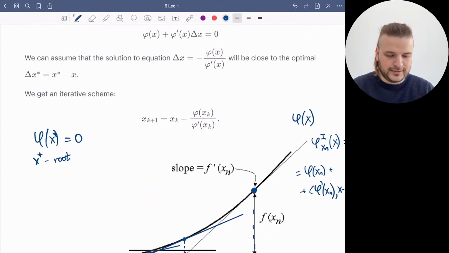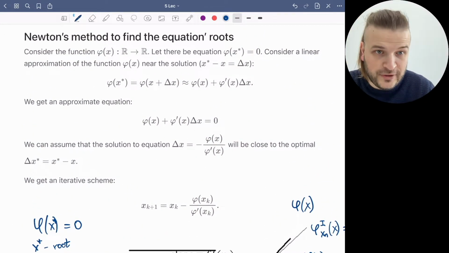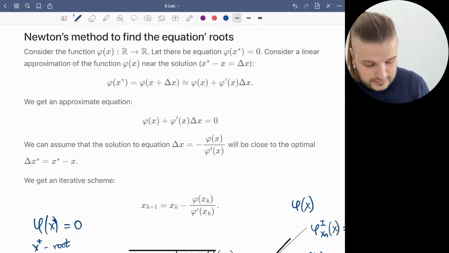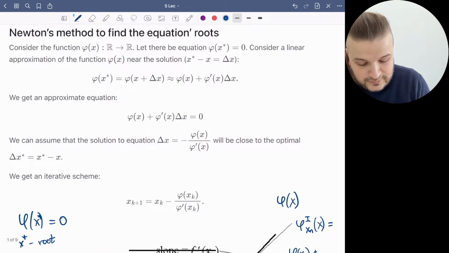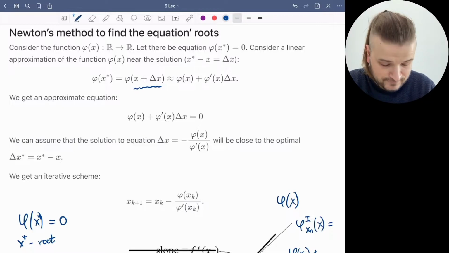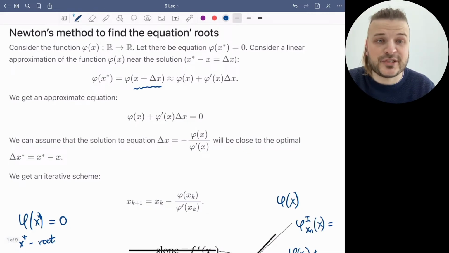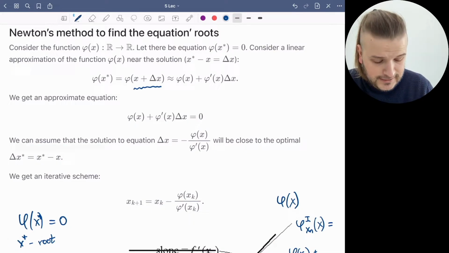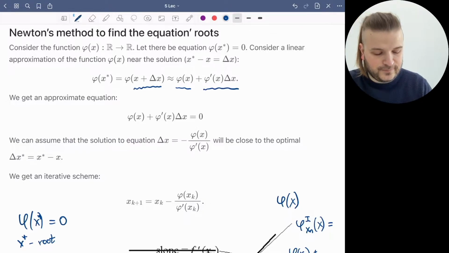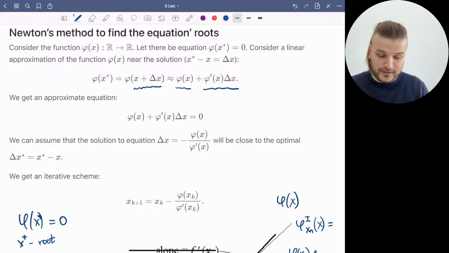That's it, and let's again verify the formula for the method itself. As I said before, at any point x plus delta x, we can write a linear approximation of our function phi of x, and it will be phi of x plus this linear term in delta x.